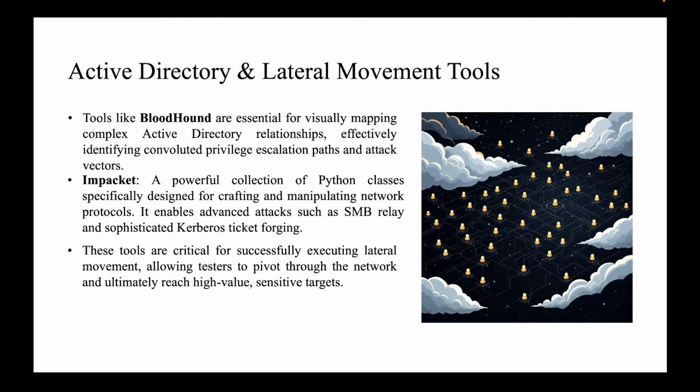After breaking into one machine, attackers often try to move across the network. Once they have access to one machine, they will move across the network to reach important systems in the organization, like domain controllers. This movement is called lateral movement.